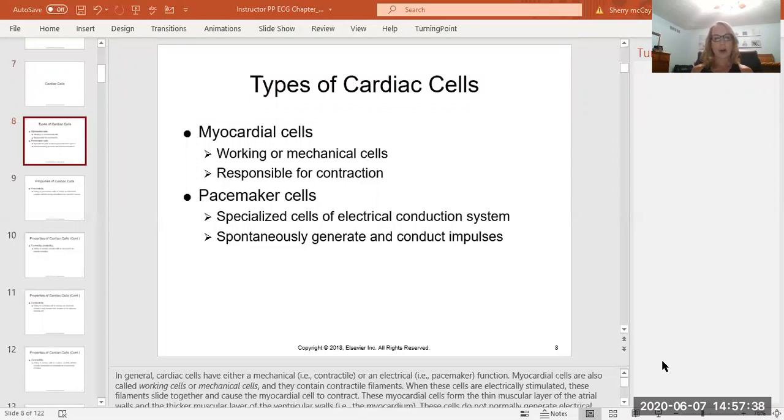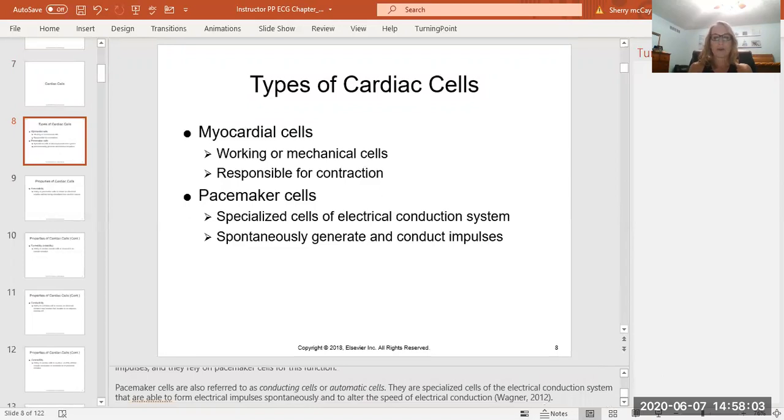Myocardial cells are also called the working cells or mechanical cells, and they contain the contractile filaments, okay? So when these cells are electrically stimulated, they slide together and cause myocardial cell contraction.